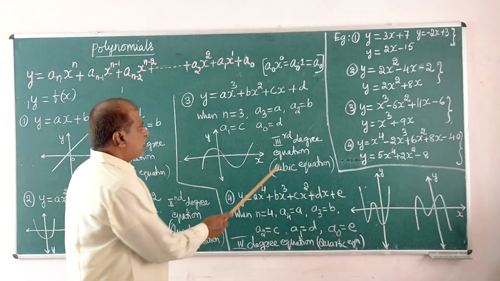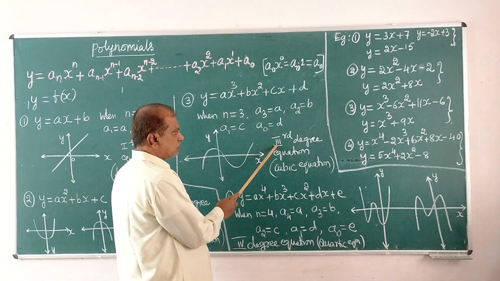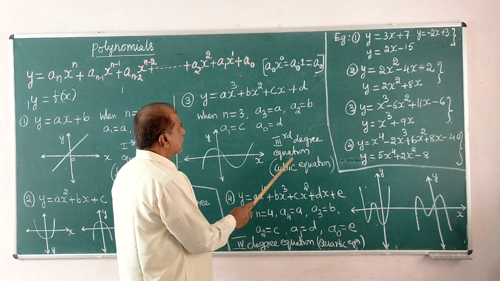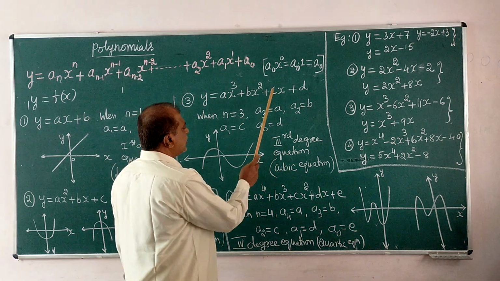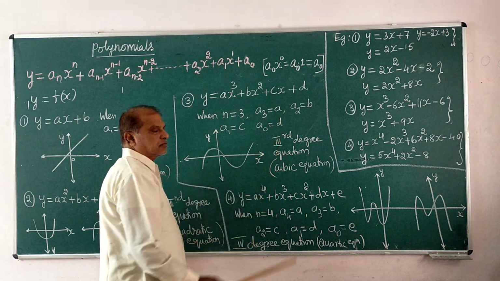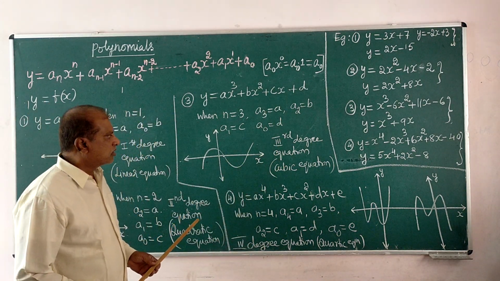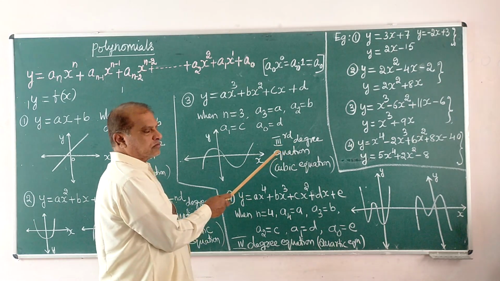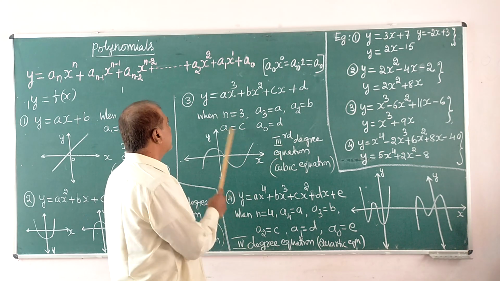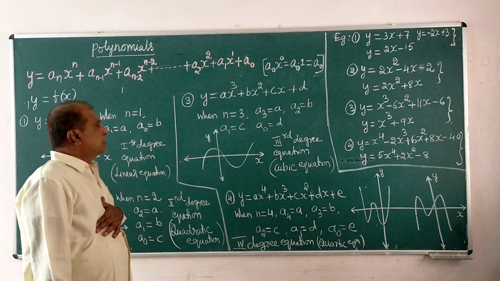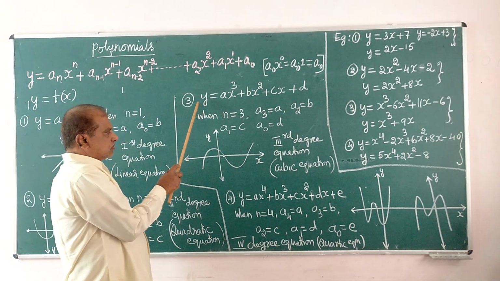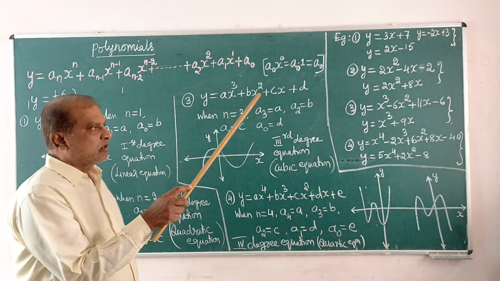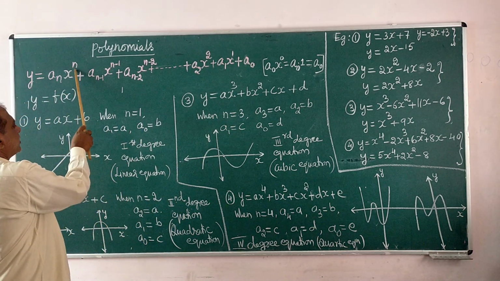This is a polynomial of third degree, a third degree equation or cubic equation. This is an algebraic equation of third degree, a third degree polynomial equation. Different polynomial equations are generated when you feed different values for n.